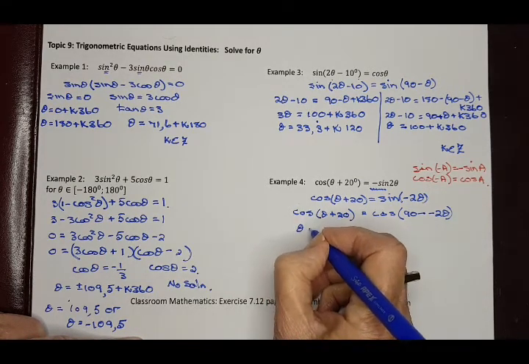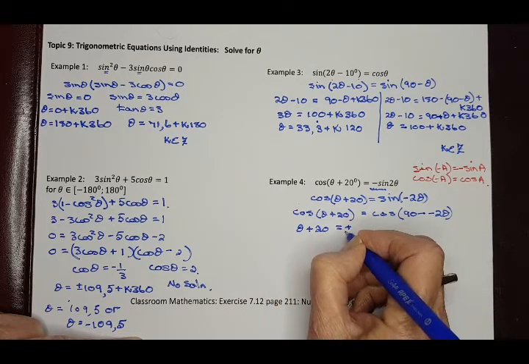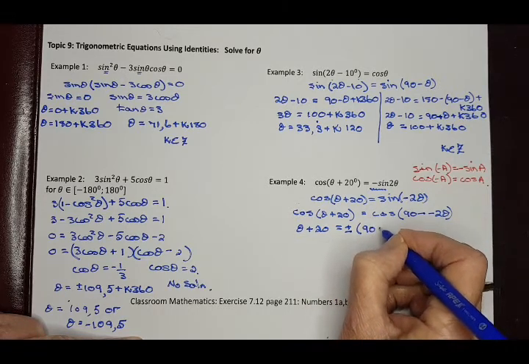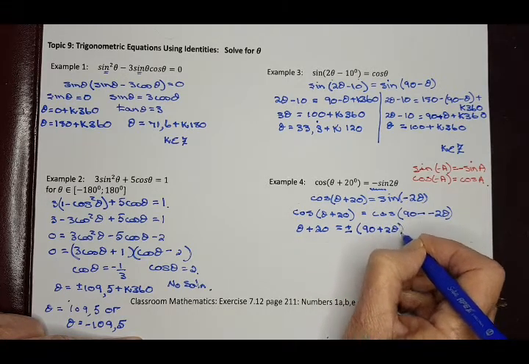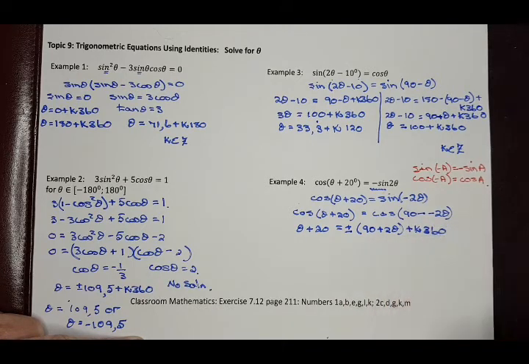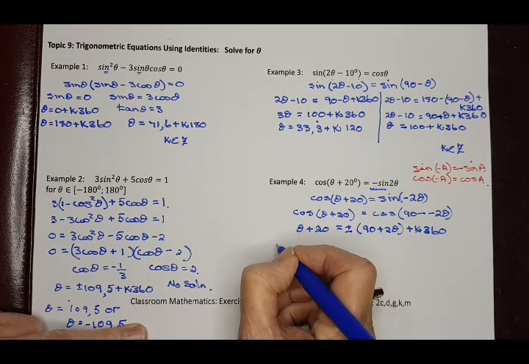Here we get that theta plus 20 is going to equal plus or minus this angle 90 plus 2 theta plus K360. We need to solve this equation for theta, so we're going to have to write it out twice.